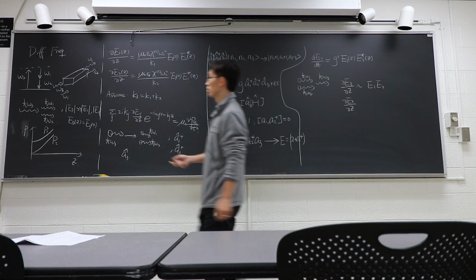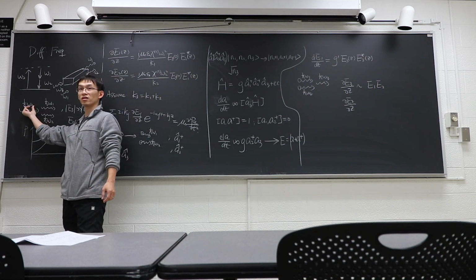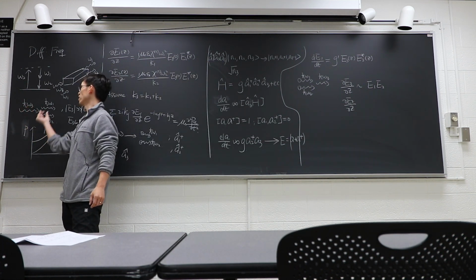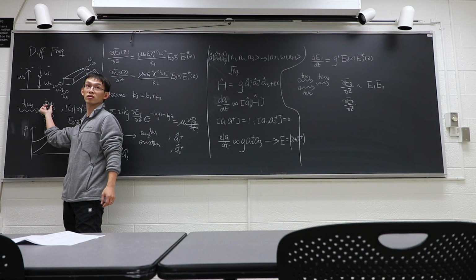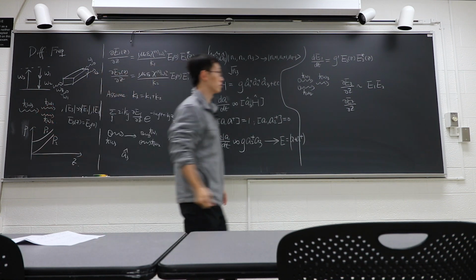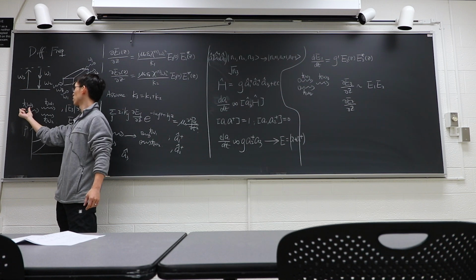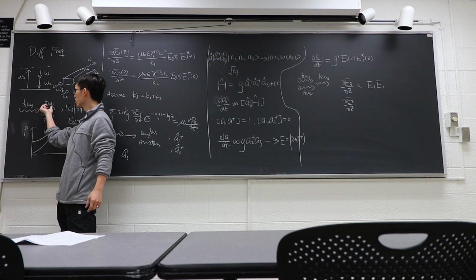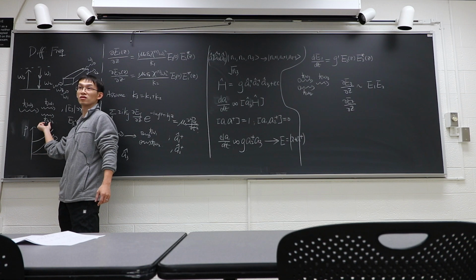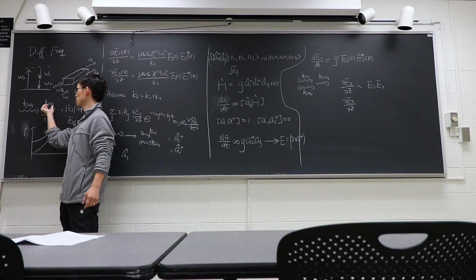E2 comes from E3 minus E1: creation of this one, annihilation of this one equals this one, so this is a minus.